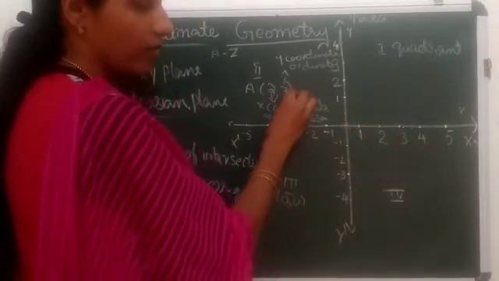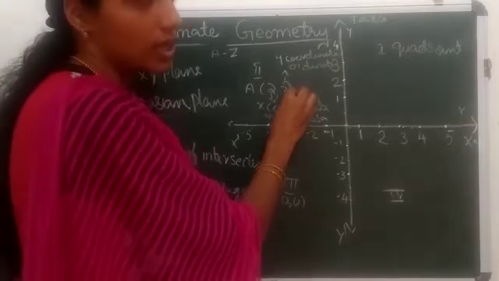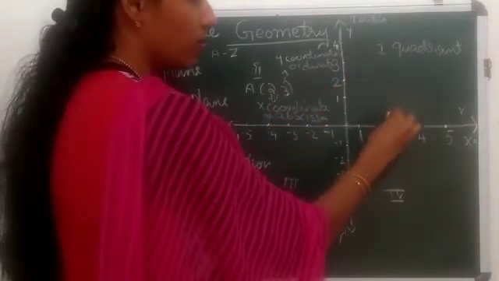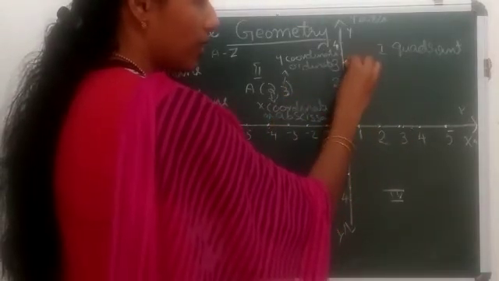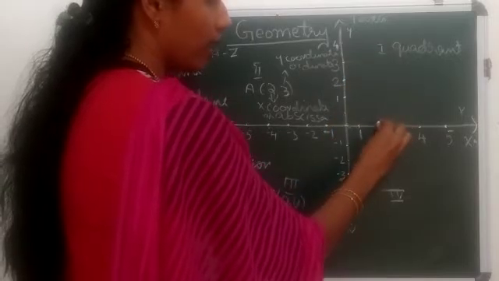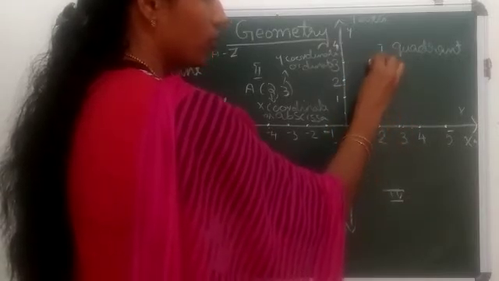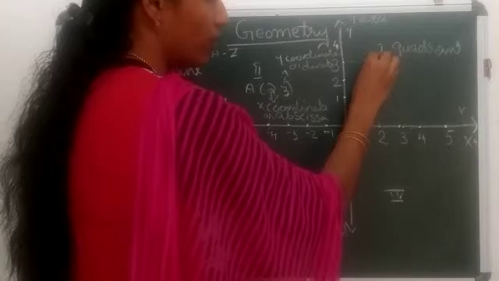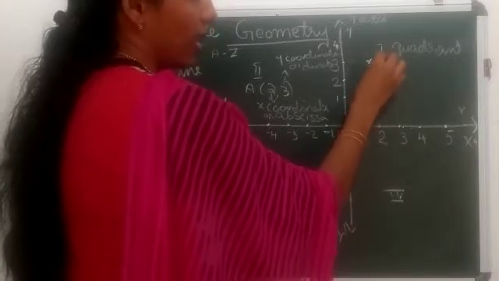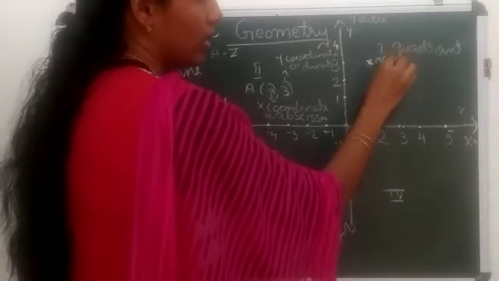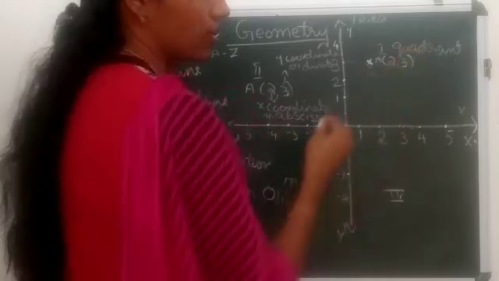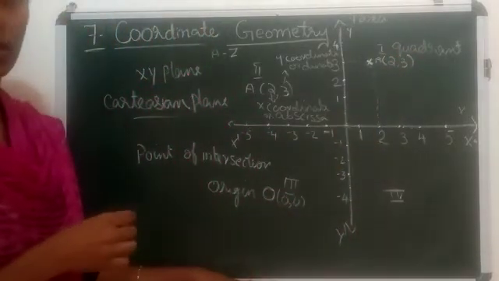Now see, the y value is 3, that is positive 3. When we mark a line from 3 and a line from 2, where they meet is this point, and this is (2, 3).